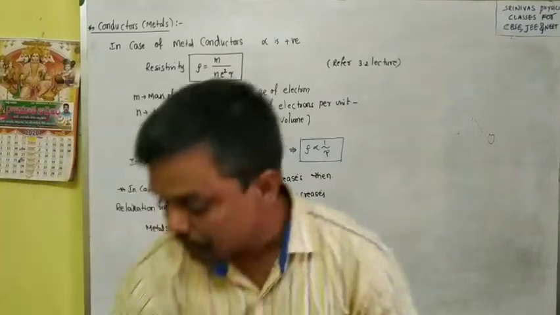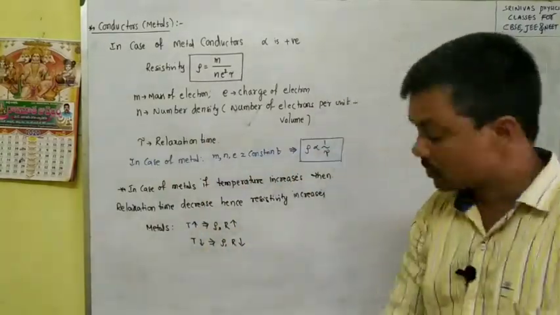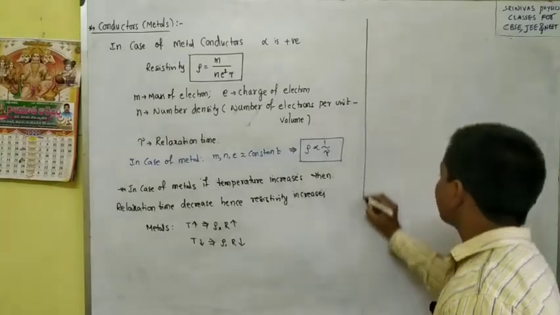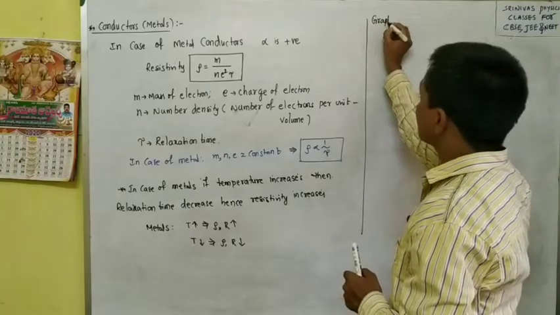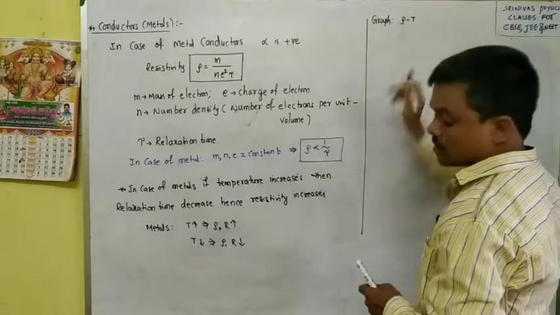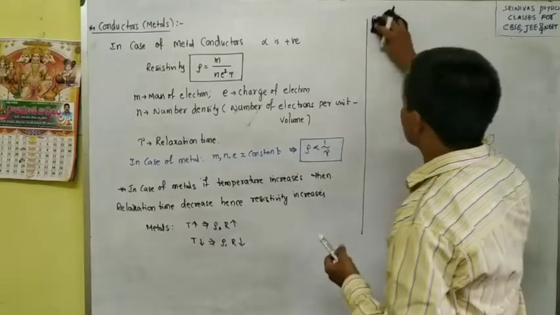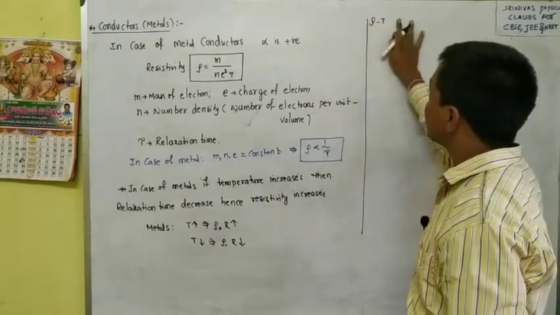Let us draw one graph for this: the resistivity versus temperature graph, the rho-T graph.